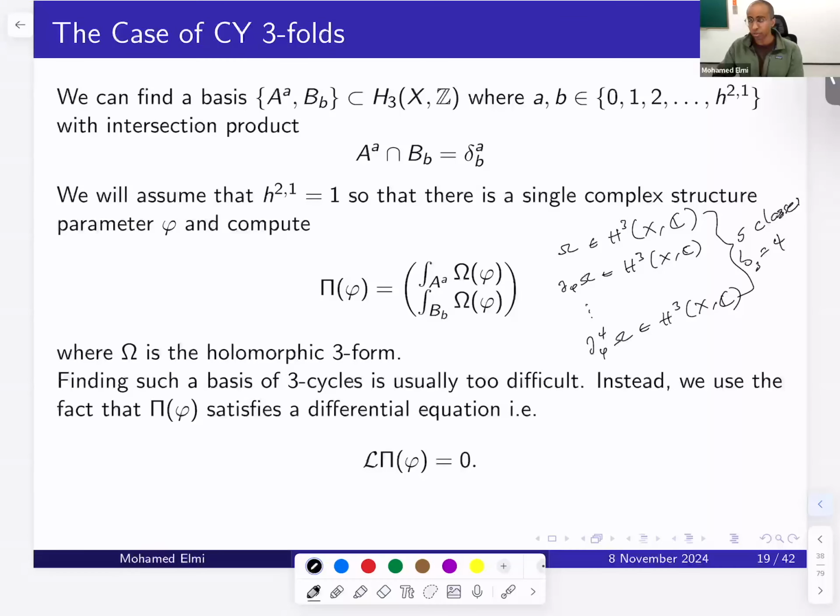So there should be some relation between them. There should be some linear combination of them that gives you an exact form, and the exact form will integrate to 0. The precise linear combination you have to take will have coefficients which depend on your parameter phi. And that's just a differential equation. So that's how you argue that there should be a differential equation. It's a famous one, the Picard-Fuchs equation, that annihilates these periods.